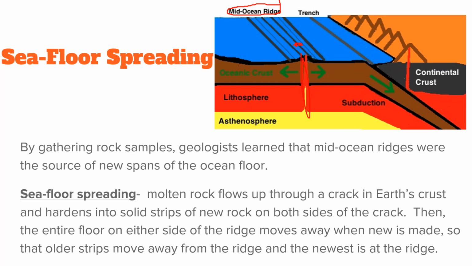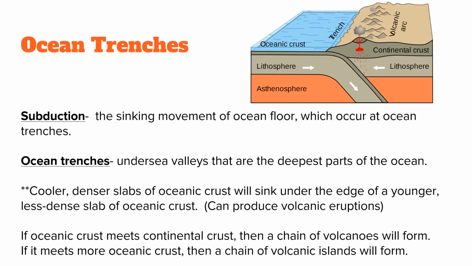So why was undersea exploration important for developing the theory of plate tectonics? It revealed mid-ocean ridges where new crust is made, and ocean trenches. Subduction is the sinking movement of the ocean floor, which occurs at ocean trenches. Ocean trenches are undersea valleys that are the deepest part of the ocean.